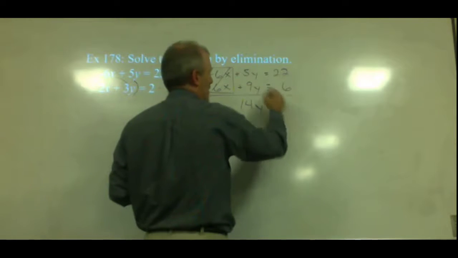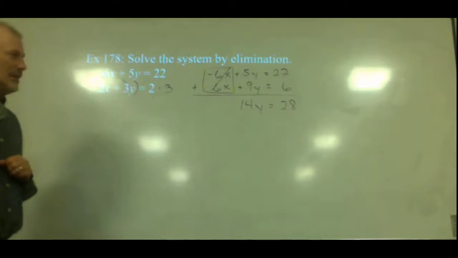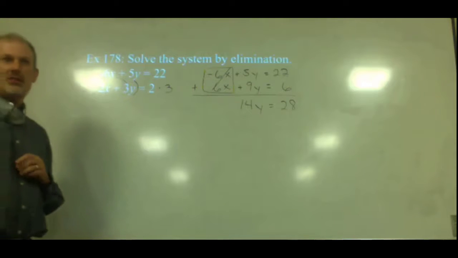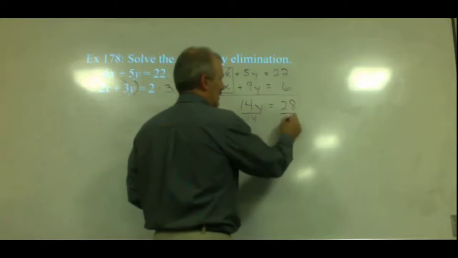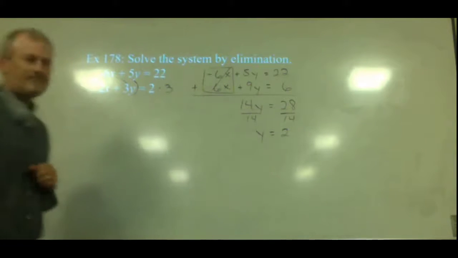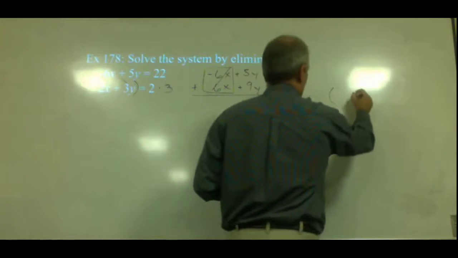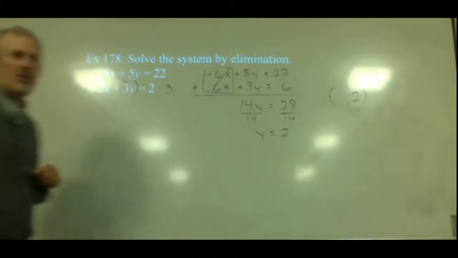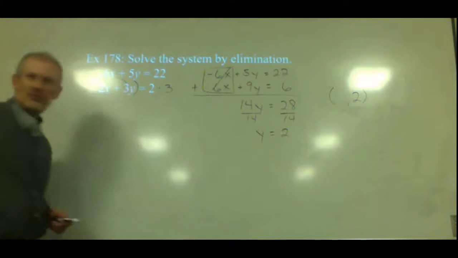And on this side, there's our equal sign, and then 28. Okay. What do we have to do to finish solving for the y? Divide by 14. So y equals 2. So if you're thinking about your answer, ordered pair, the y value is a 2. What do you think we should do with the 2?